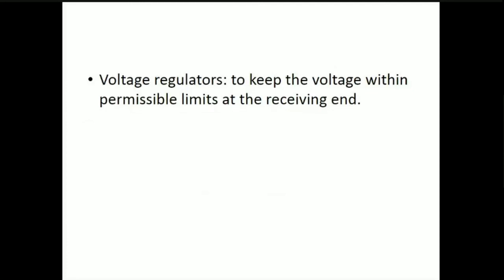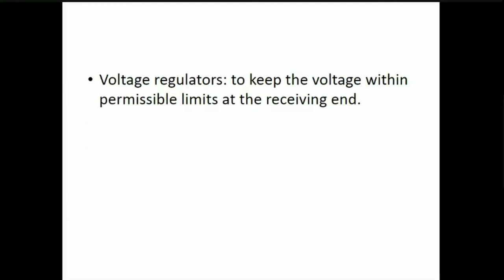Then voltage regulators. Due to drop in the transmission line in the form of I into R, current into resistance, there may be a reduction in voltage at the receiving side. So IR drop is caused due to the current carried as well as the resistance of the transmission line.